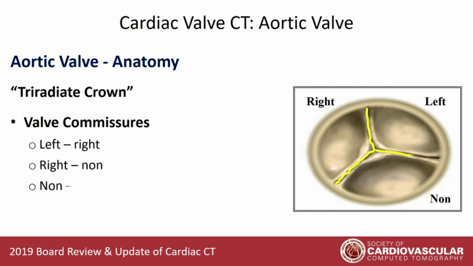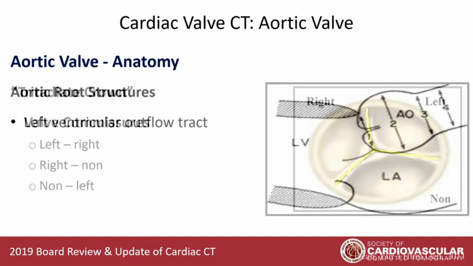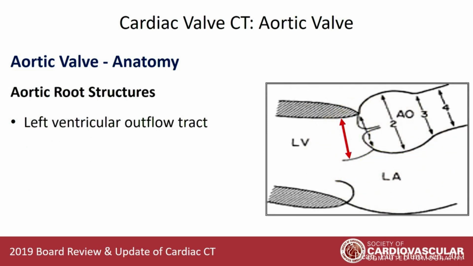Commissures, as you know, are those corners, right, where the valves come together, and you see in the yellow there the outline of the leading edge, the touching edge, the contact edge of the cusps from the right and the left, the right and the non-coronary sinus and the non and left sinus. Again, that's in patients without disease.